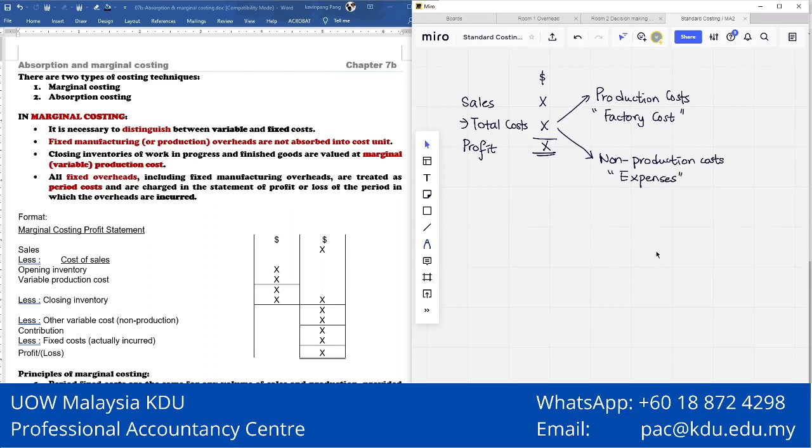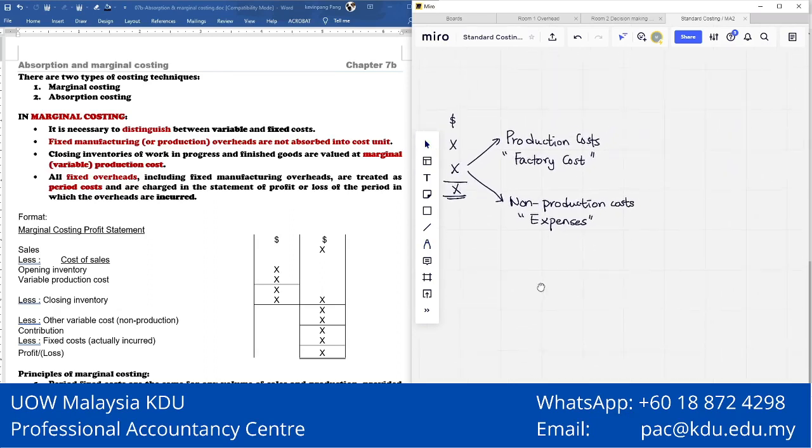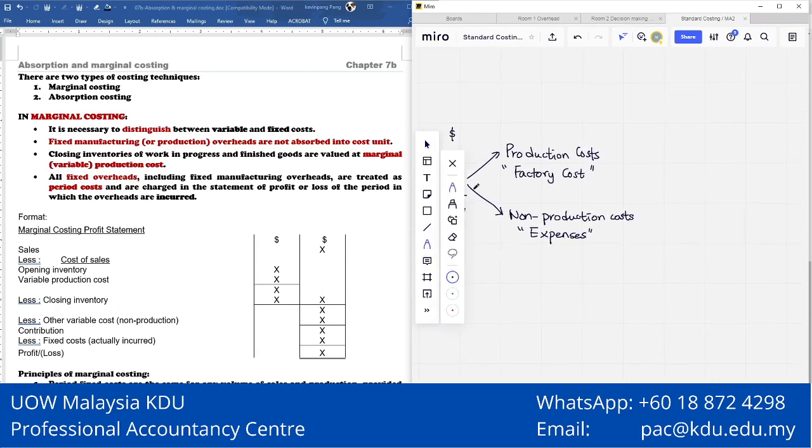Alright, so I would like to mention the examples for the production costs. The costs incurred in the factory when we make our production. Direct material is one of the production costs.